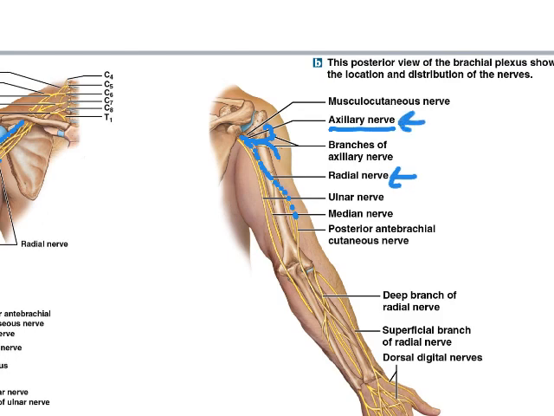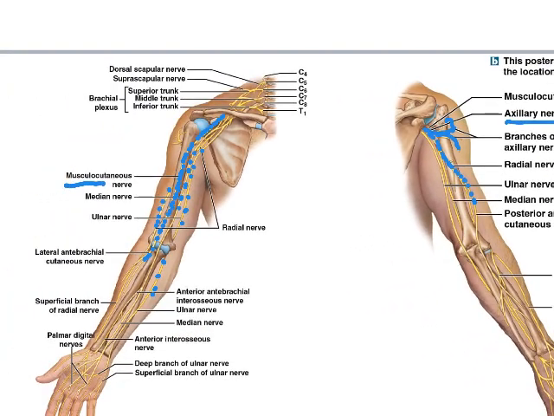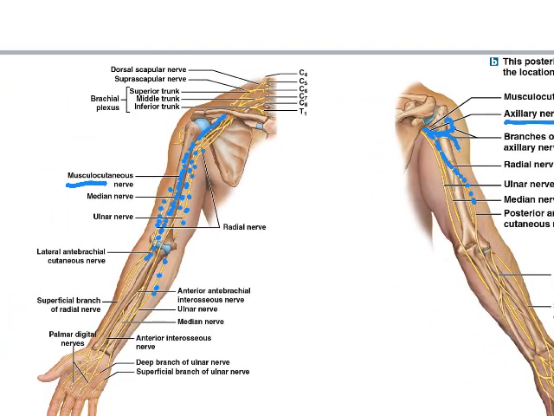Those ones are going to be seen most easily on the posterior view. Anterior is where you're going to see those three that form: musculocutaneous, median nerve, and ulnar nerve. And I would just learn them in that order. Musculocutaneous, median, and ulnar, going from kind of lateral to medial. And you see the median nerve comes all the way down, actually into the hand.